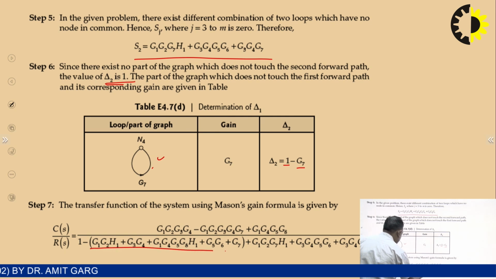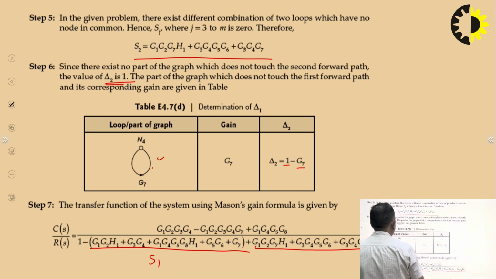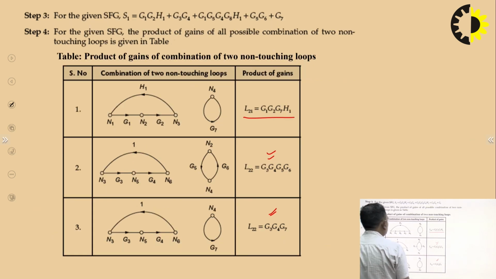You can see this is S1, and later on this is S2, and here you can see this is P1 delta 1, so P1 is this, and P2 delta 2. Delta 1 is 1 minus G7.